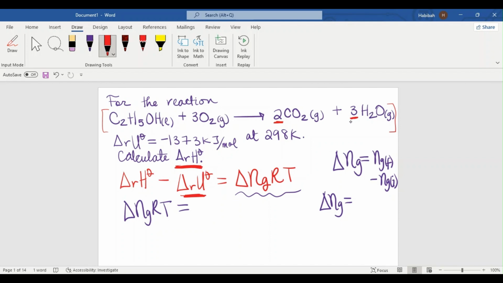So 2 plus 3 is 5. That is the number of gases for the final state, minus the number of gases for the initial state, before the reaction occurred. Ethanol is not a gas, so we can't count that. But we reacted ethanol with 3 molecules of oxygen gas in order for the reaction to take place. So that's 5 minus 3. So the change in the number of gases for the reaction is 2.